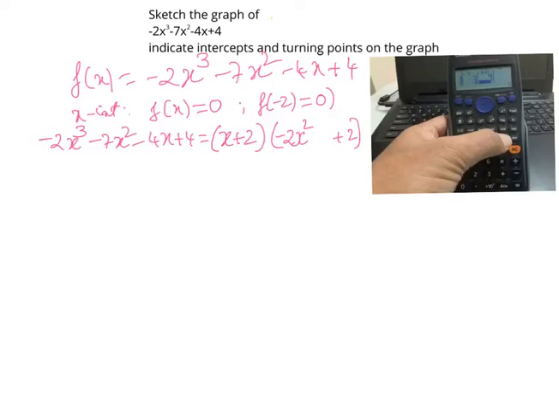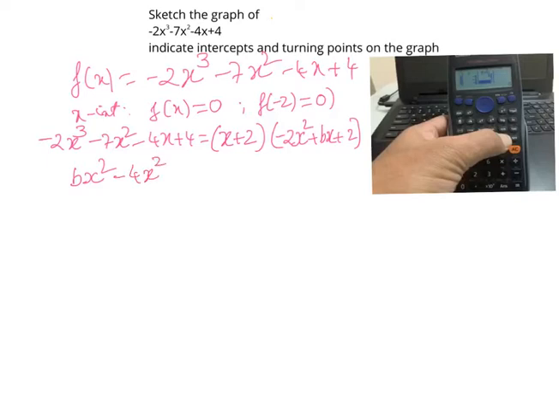And then the middle term I'll write as bx. So how to find the middle term bx? I multiply x times bx, which gives me bx squared. Then I have 2 times negative 2x squared, which gives me negative 4x squared.